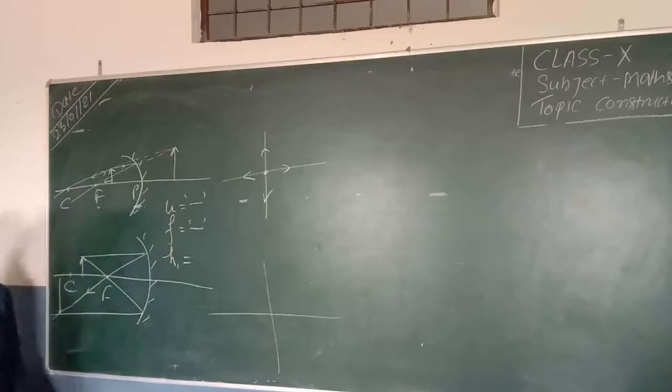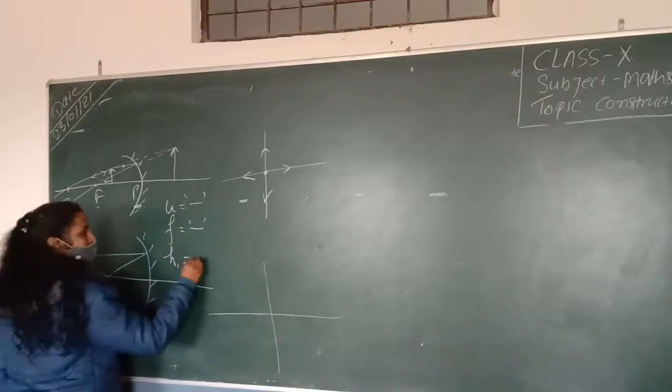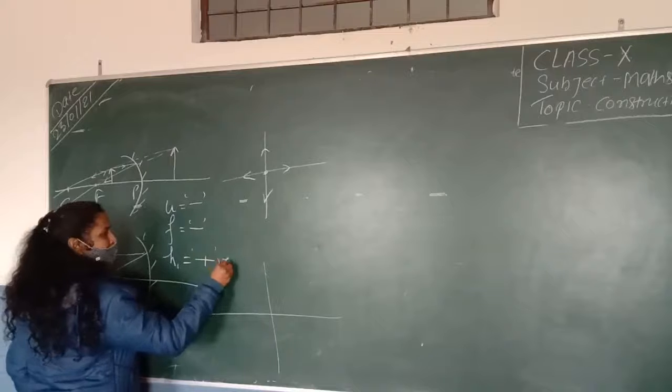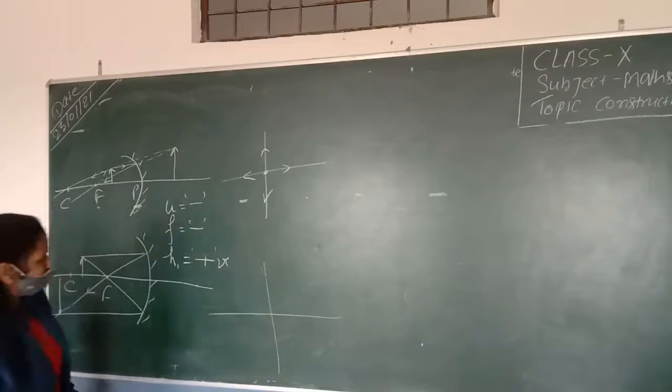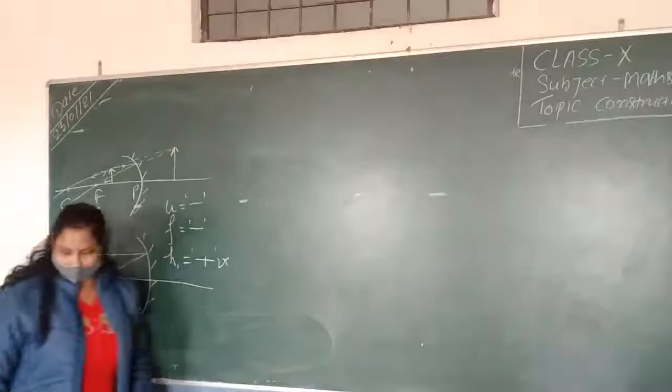What about h1? h1 is the height of the object. Positive, since we are measuring the distance in the upward direction. So these signs do not change in any question. These signs are constant.